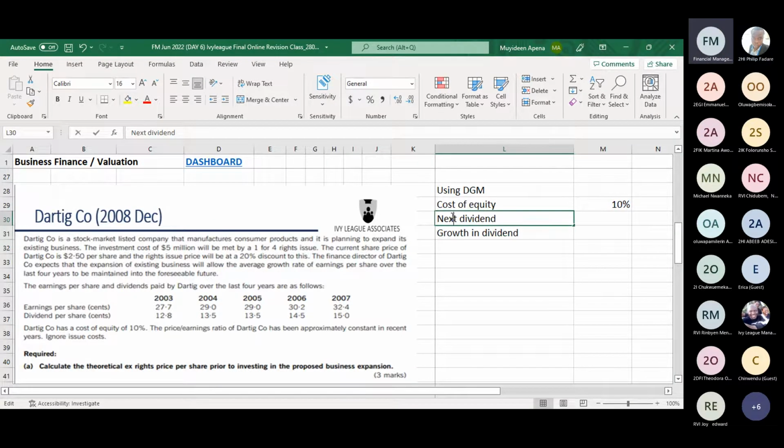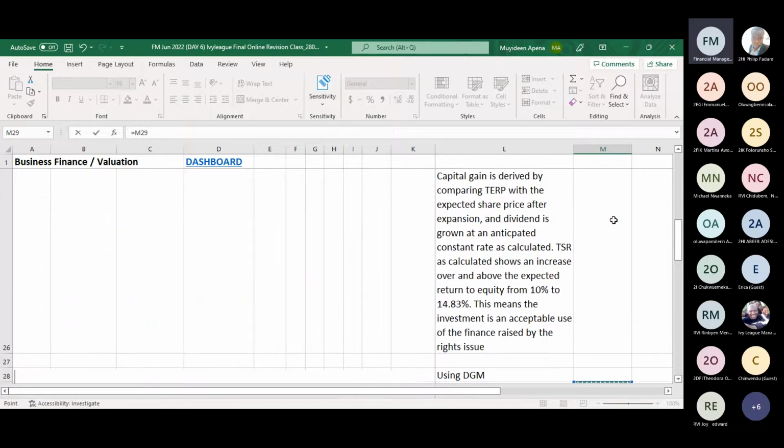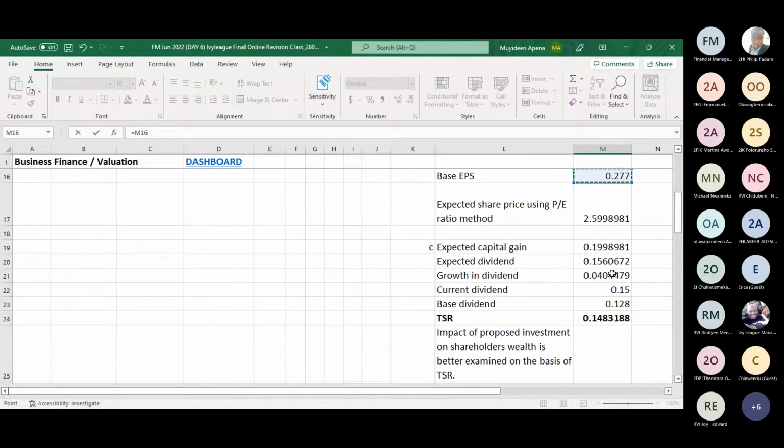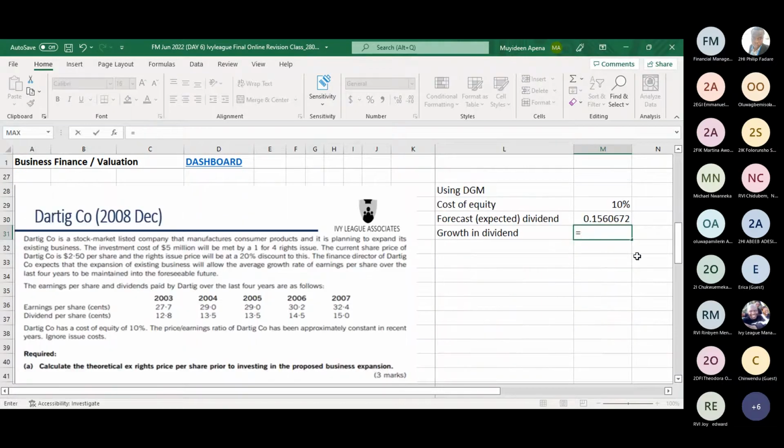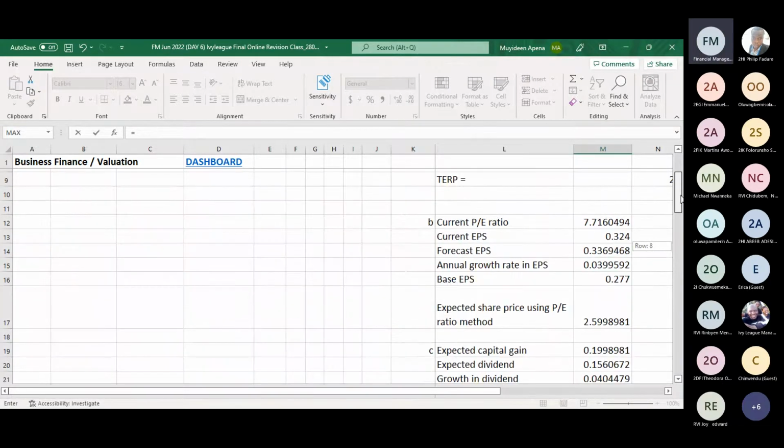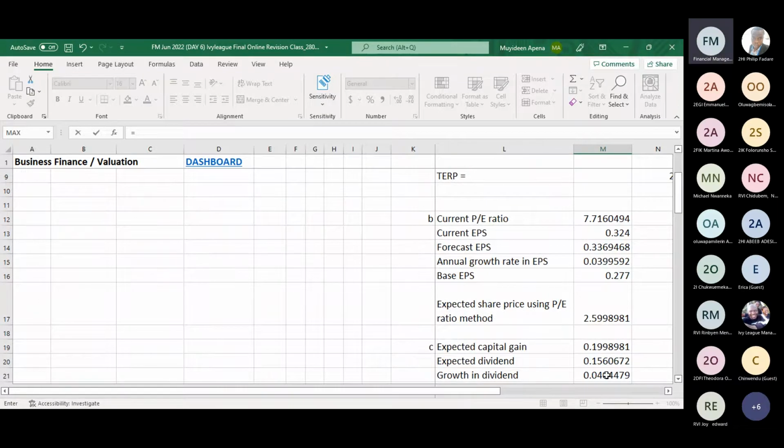This next dividend is the forecast dividend or expected dividend after expansion. Growth in dividend, we also did that. So I can just go and pick those values. Next dividend is here, which is the expected here. Growth in dividend, we also calculated it. Is here.